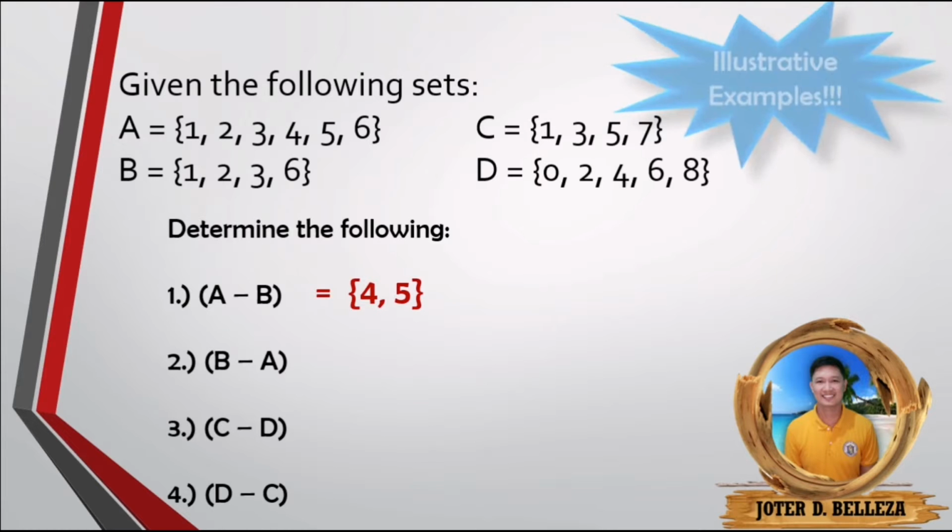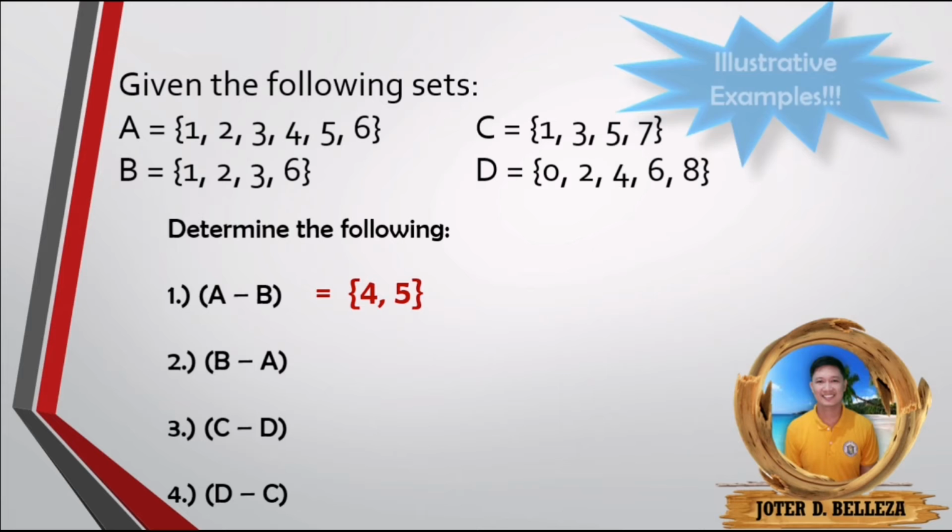Okay, let's proceed to number 2. That's B minus A. In this case, we are taking away the elements of A that are found in set B. So what are the elements of A that are found in B? Okay, correct. So those are 1, 2, 3, and 6.